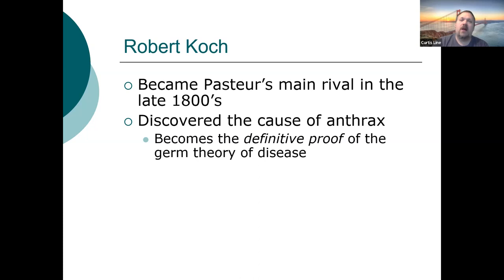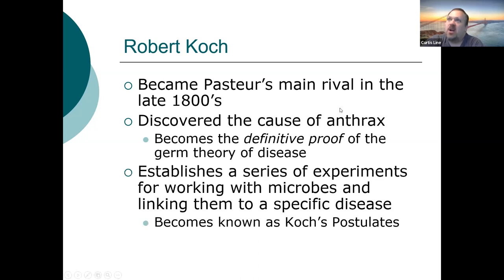So we'll talk a little bit more about Robert Koch when we do pathogenicity and the process of disease. But basically, he just worked out a series of steps, experiments that became known as Koch's postulates. And it's basically how he proved that diseases are caused by these microorganisms, this bacteria.